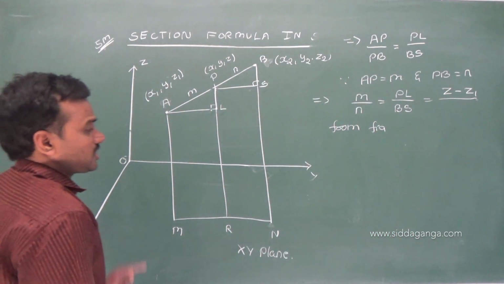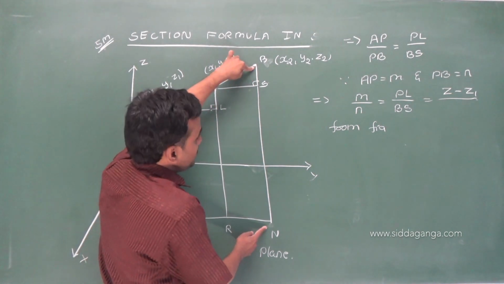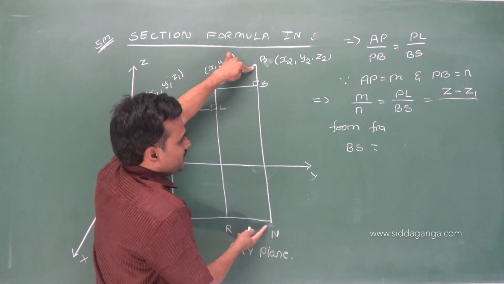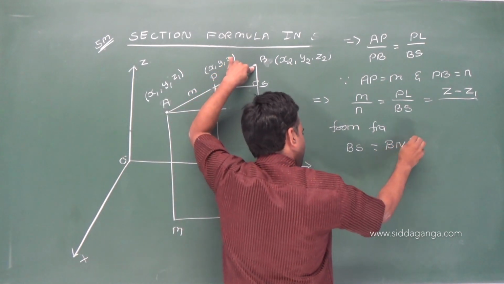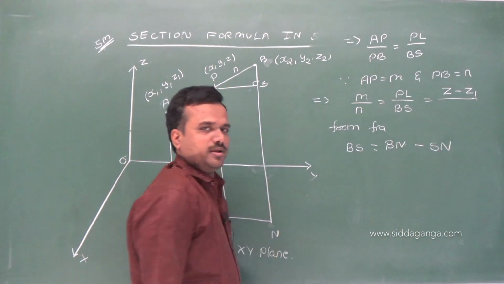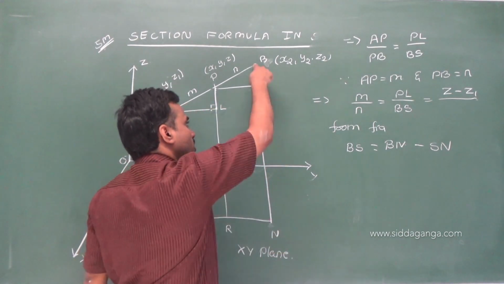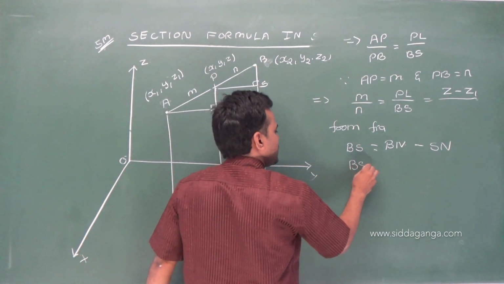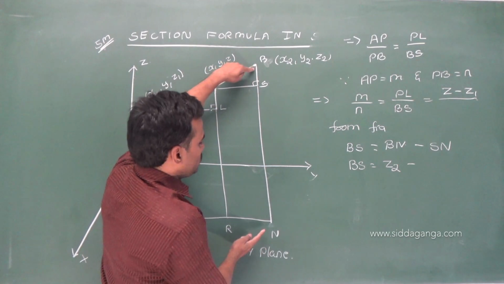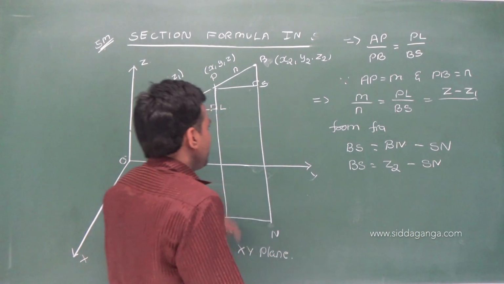Again from figure, we want BS. Observe carefully. BS is equal to BN minus SN. BN is the coordinate of Z2. So BS is equal to Z2 minus SN.